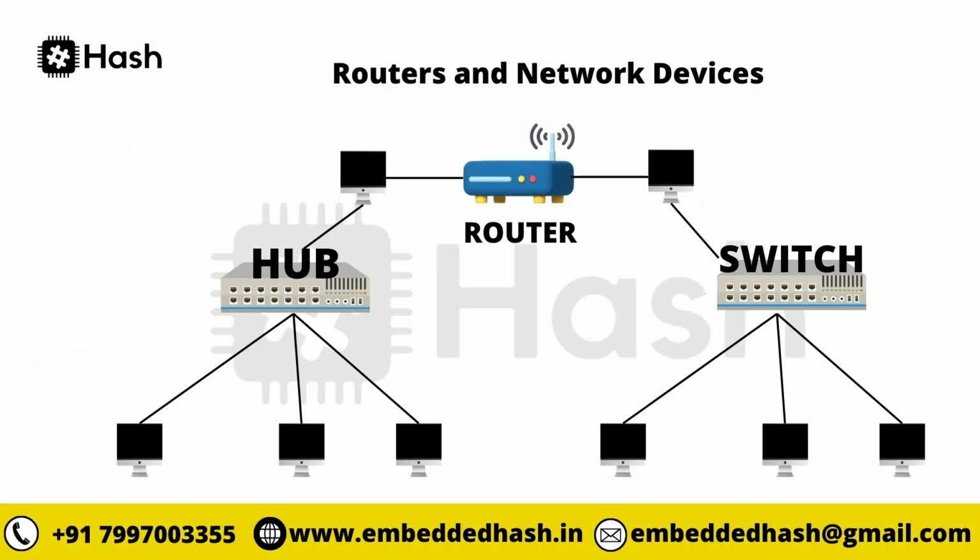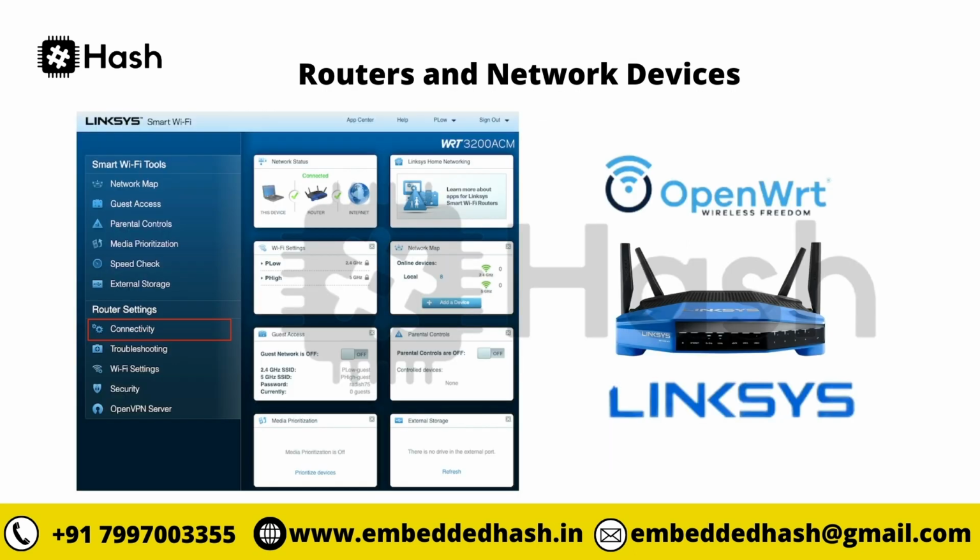Routers. Everyone has Wi-Fi in their house. They have a Wi-Fi router. The router internally has an operating system called OpenWRT. It is a popular open source operating system, and it is used by companies like Linksys and Netgear. When do you see this?